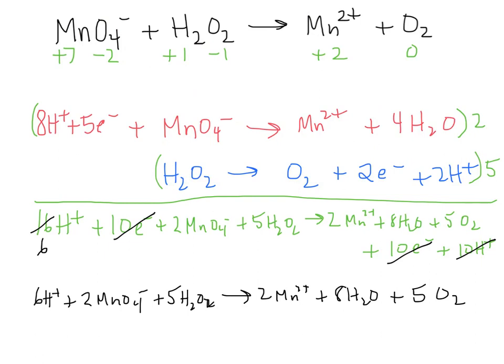So, key thing, focus on the most common places where you're going to make a mistake. Assigning oxidation numbers. Take the time, check your work. Second place that I see students make a lot of mistakes: pay attention to where you're putting electrons. Now if you see permanganate, it's a dead giveaway that the permanganate is going to undergo reduction.